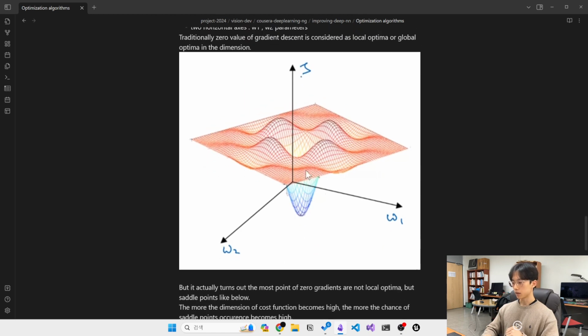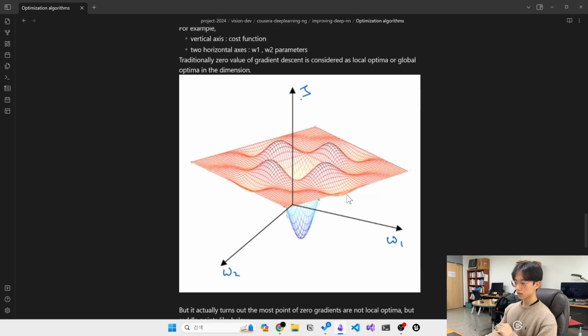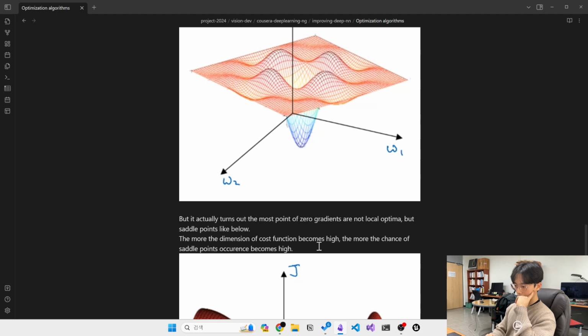For example, if we think of the height of this axis as the cost function value, and the horizontal axes are the parameter axes, in this three-dimensional plot of gradient descent, we can think of this zero gradient as a local optimum, and here is the only global optimum.